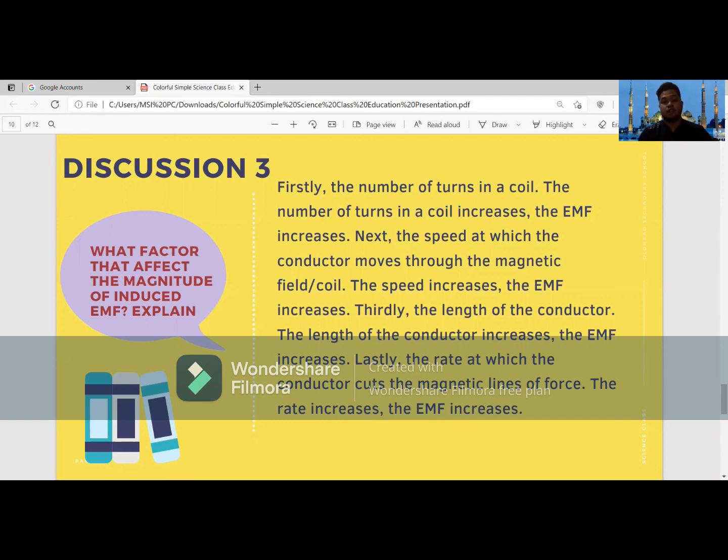When the rate of cutting the magnetic field is high, the EMF produced also increases. Next is the length of the conductor. When the length of the conductor increases, the EMF also increases. Okay, so those are the factors that affect the magnitude of induced EMF.